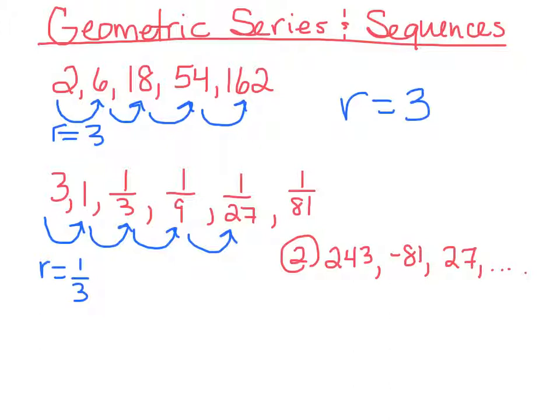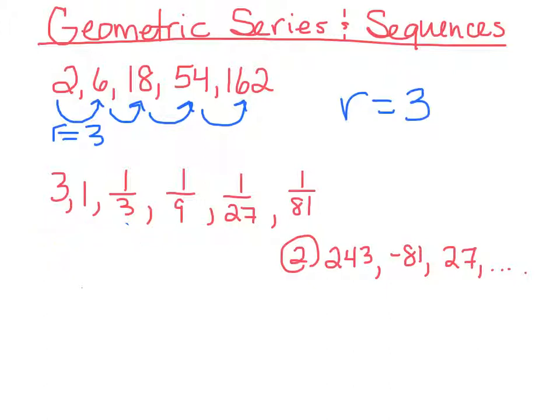You can see that the numbers again are getting smaller. Notice also that the sign is alternating. We're going positive, then negative, then positive. When that happens, not a big deal. All you're going to do is say, oh, wait a minute. Since the signs are alternating, that must mean that I'm multiplying by a negative number. So your R is just going to be negative.